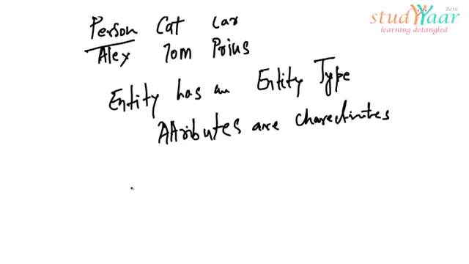So let's say we're talking about a person entity. A person would have some characteristics, right? He would have a name. He would have a date of birth. He would have an address. He would probably have a phone number.